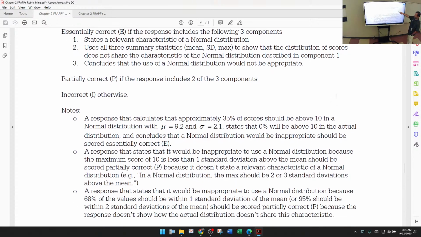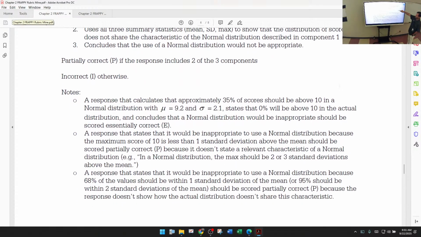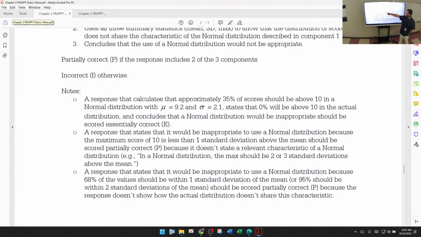All right. P, if you only hit 2 of those 3. Notes, a response that calculates that 35% should be above 10 in a normal distribution with a mean of 9.2 and 2.1, states that 0% will be above 10 in the actual distribution, concludes that a normal distribution will be inappropriate will be counted as an E because you used the mean, the standard deviation, and you stated something that sounds logical. 35% is normal.